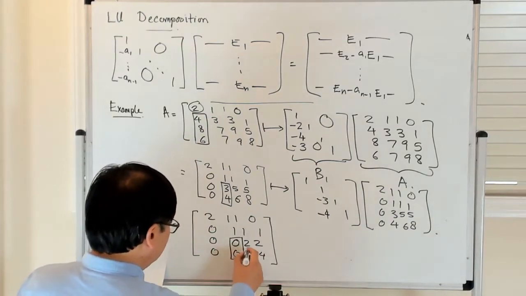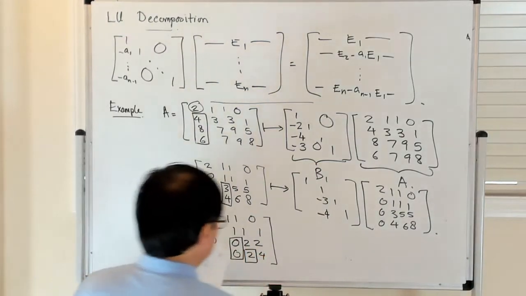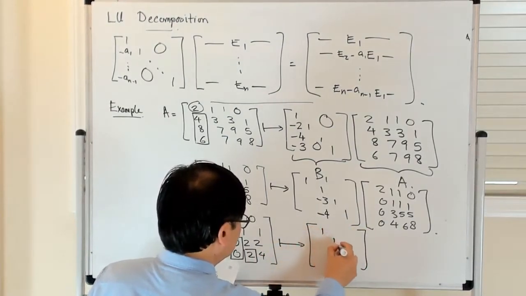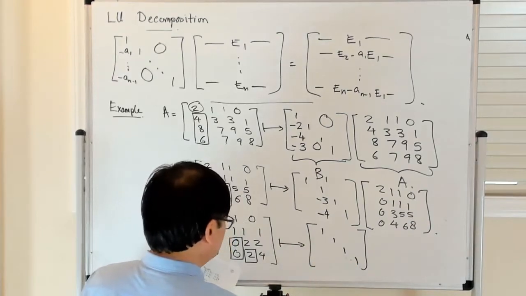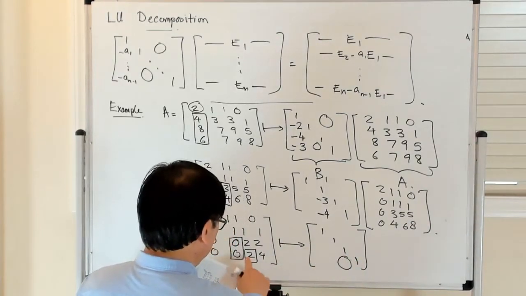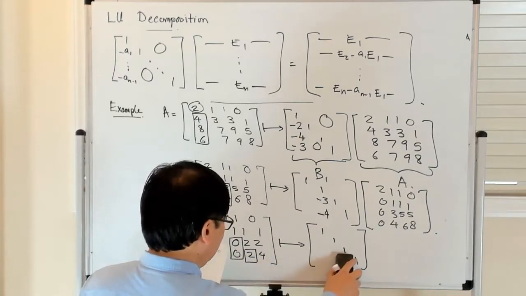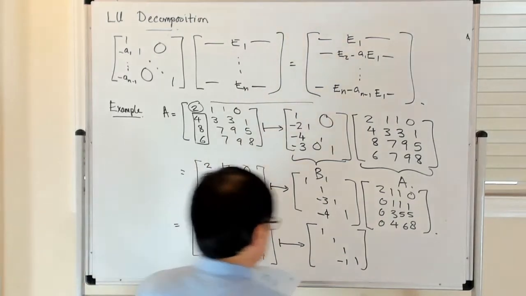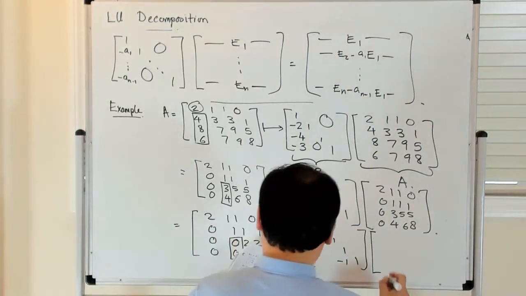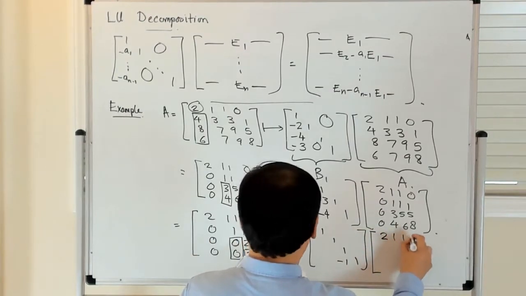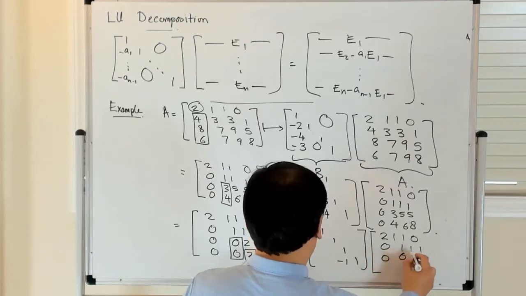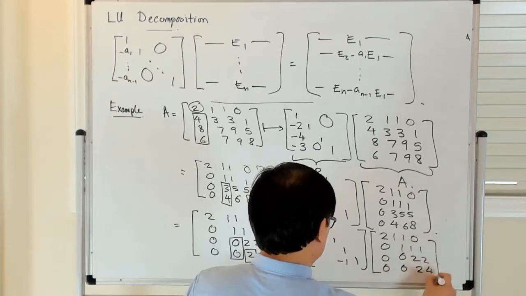Okay, and then what I want to do now is to zero out this entry. So I again apply a transformation, which again consists of ones along the diagonal, and then I have to find an appropriate entry here, which is 2 divided by 2, so it's a 1, but with a minus sign, so that's a minus 1. And then I apply that to this matrix again, 2, 1, 1, 0, 0, 1, 1, 1, 0, 0, 2, 2, 0, 0, 2, 4.